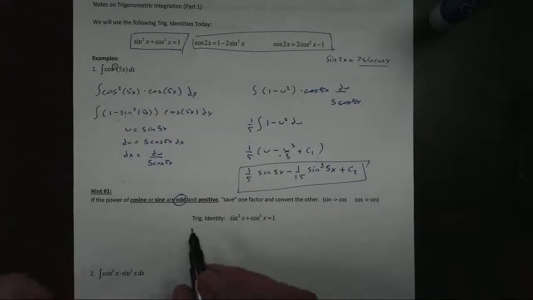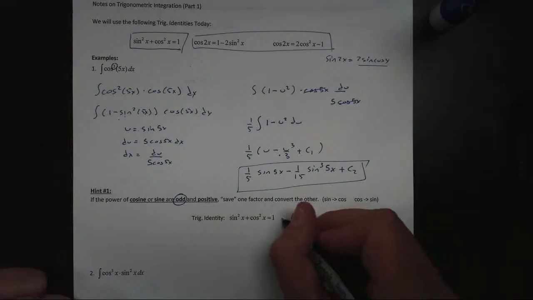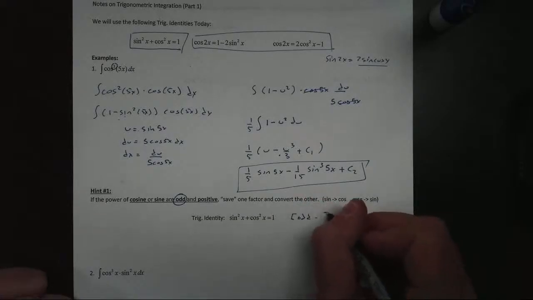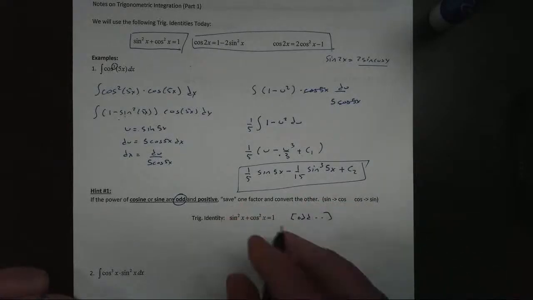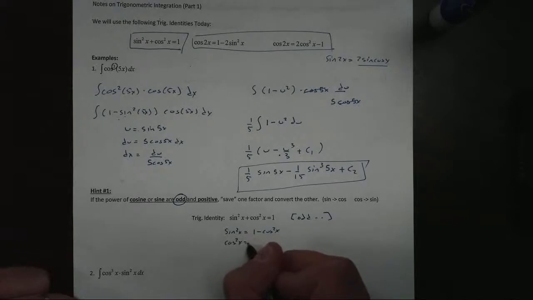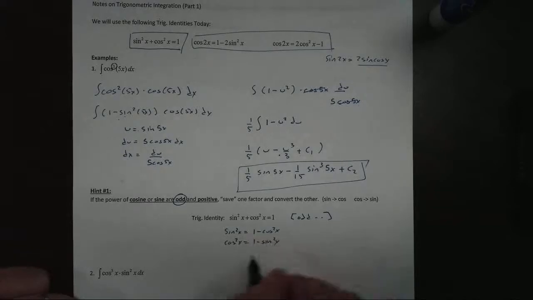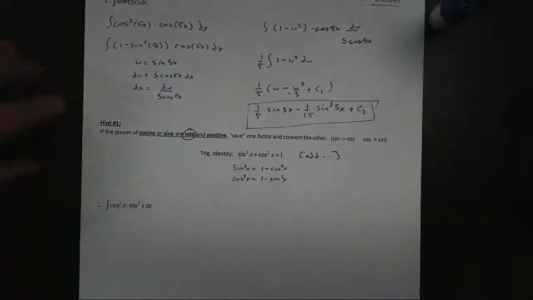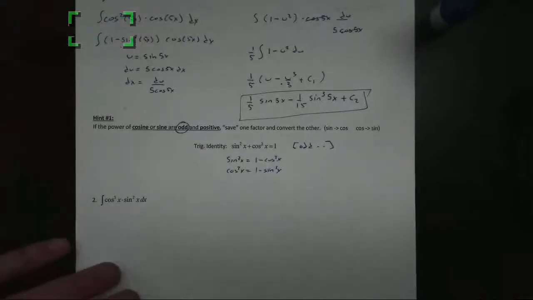So the trig identity we use, if the sine is odd, we use the Pythagorean. I can rewrite sine squared of x as 1 minus cosine squared of x, and I can write cosine squared of x as 1 minus sine squared of x. Very easy to do. So that's our very first hint.